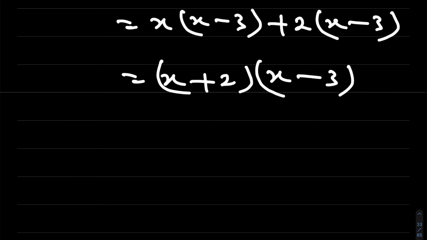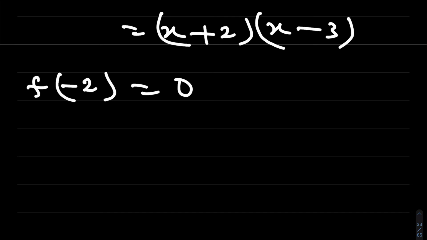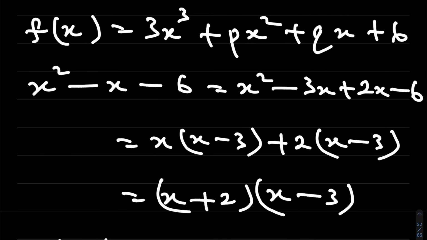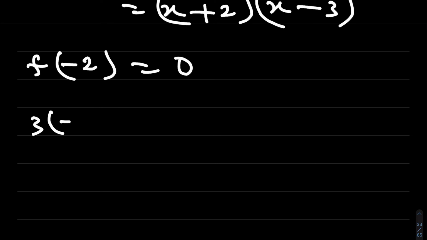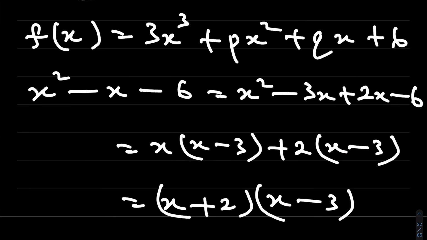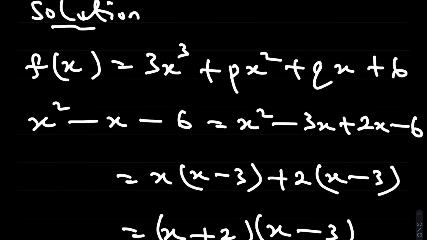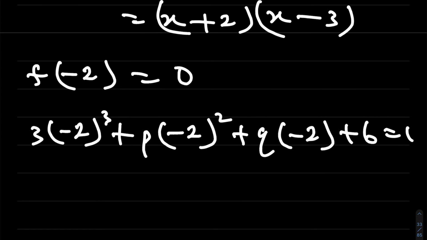Now, if x plus 2 is a factor of f of x, that means f of minus 2 equals 0, which simply means 3 times minus 2 cubed plus p times minus 2 squared, that's px squared, plus q times minus 2 plus 6 equals 0.